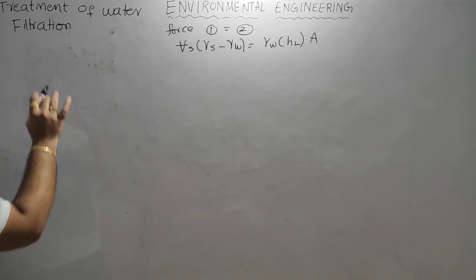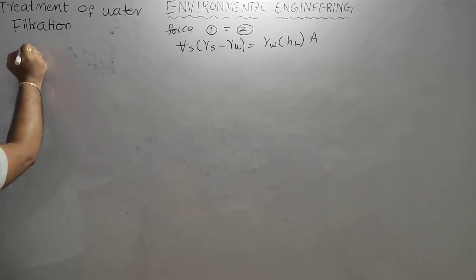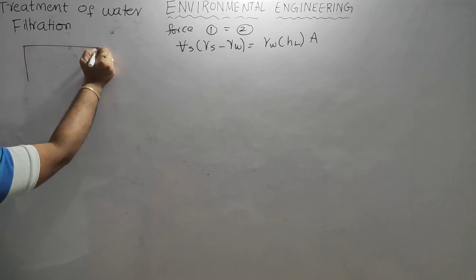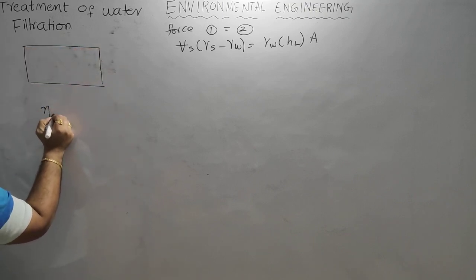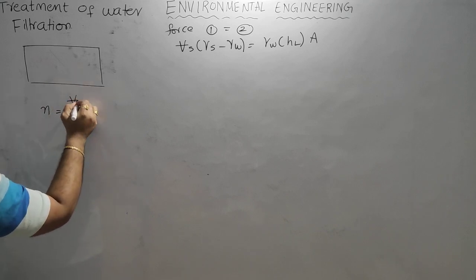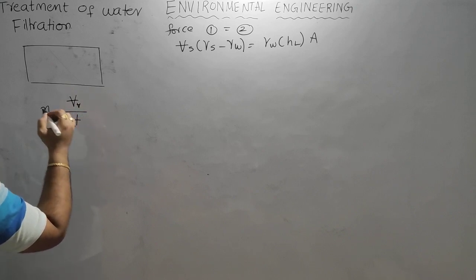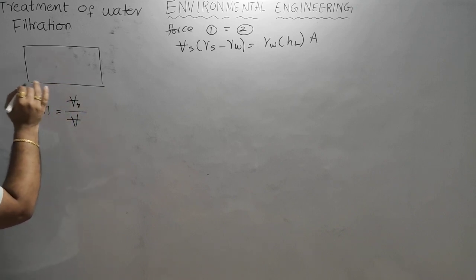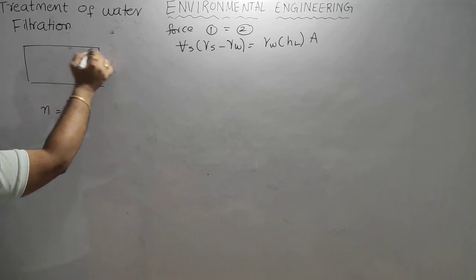If you know the porosity of the sand media, so this is sand media, let the porosity be N, which is equal to volume of voids by volume of soil. Volume of soil means area into Z. Okay. Let this be Z.